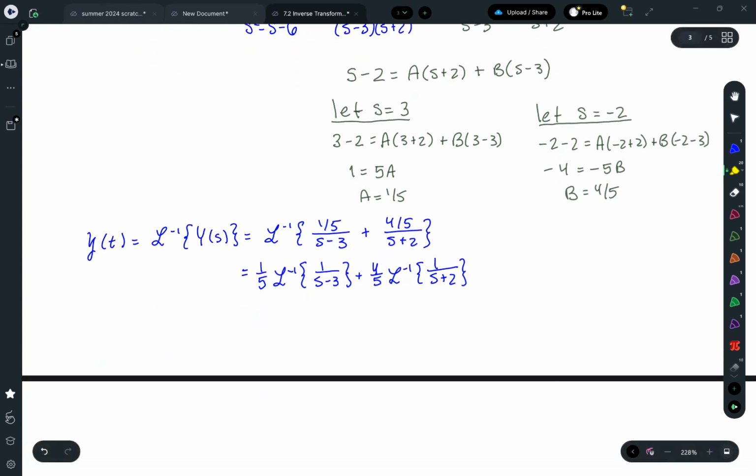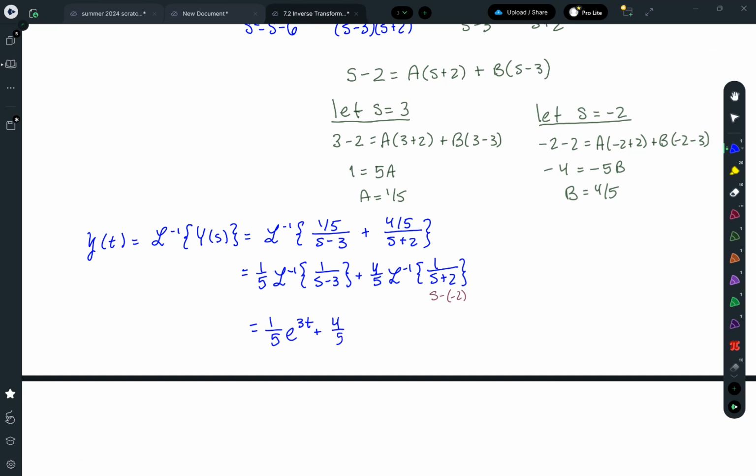Note that S plus 2 is S minus a minus 2. And so when we take the Laplace inverse here, we get 1/5 e to the 3t plus 4/5 e to the minus 2t. And that is our little y of t. It is the general solution for our differential equation.